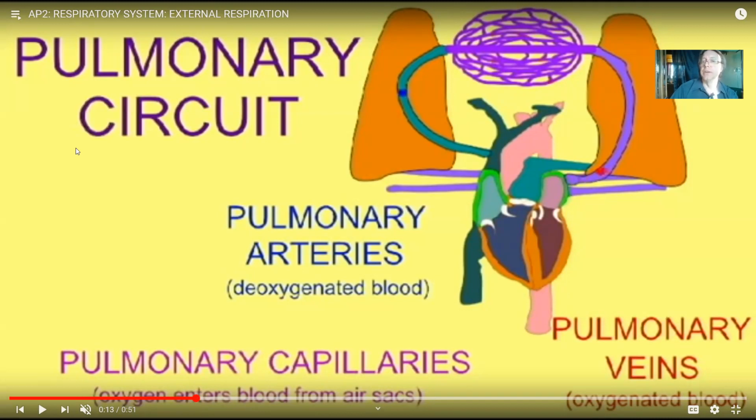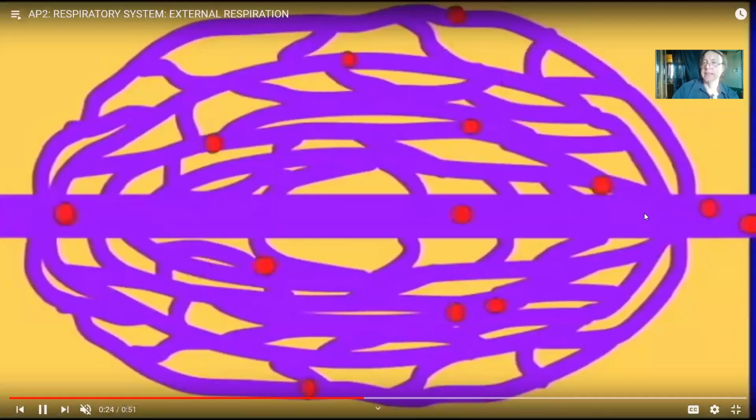And so there is gas exchange, which occurs between the air in the alveolus and the blood in the capillaries in the lungs, the pulmonary capillaries. This is what we call external respiration. In a previous video about the heart, I said that the pulmonary arteries bring blue deoxygenated blood to these capillaries.